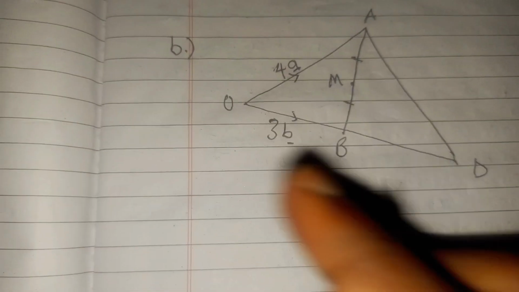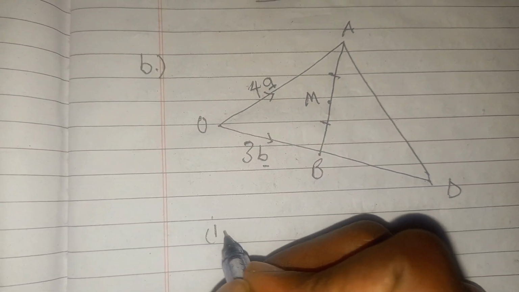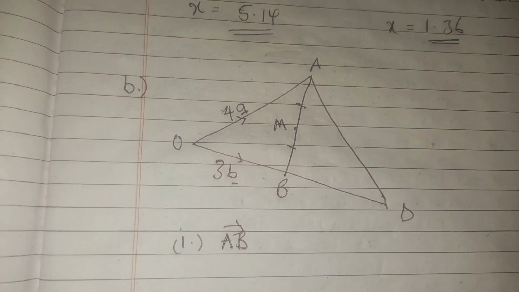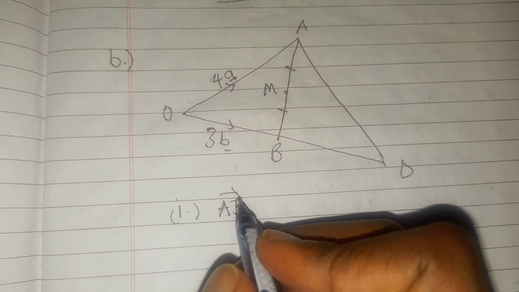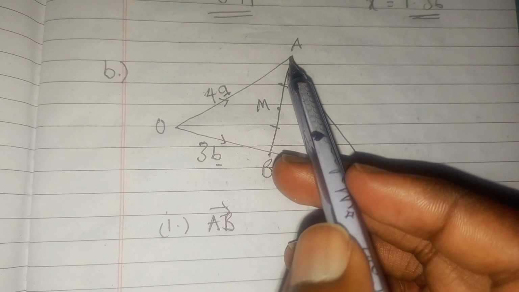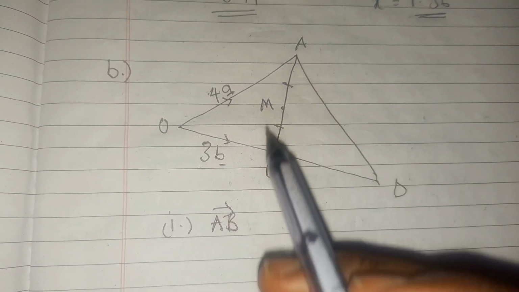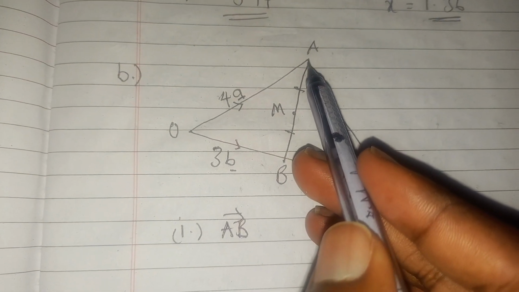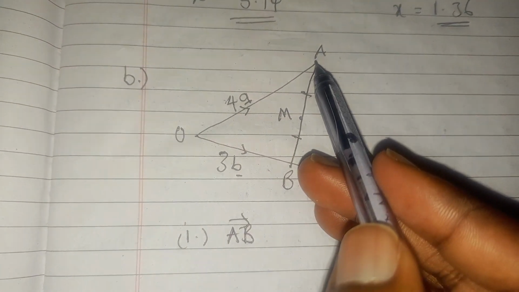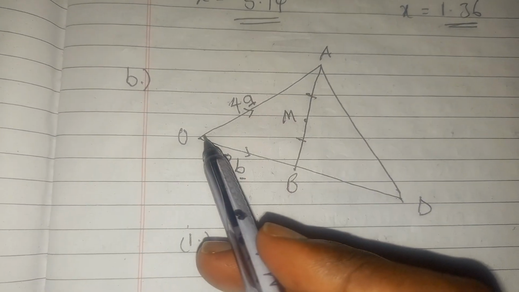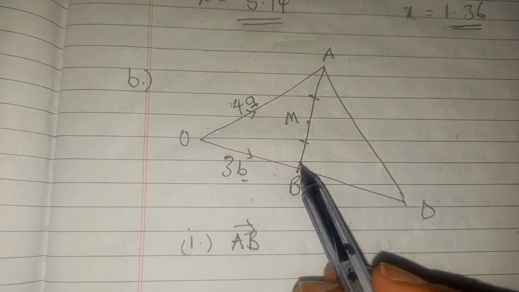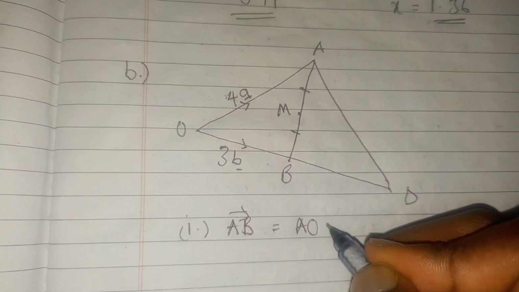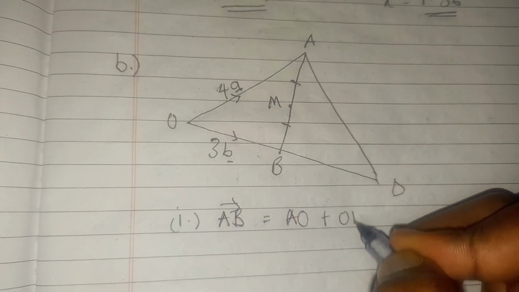So we're going to start with AB. So AB, we're going to make a route from A to B without using this straight line. So if we're going to make a route from A to B, then we can move from A to O and to B. So therefore we're saying AB is equal to AO plus OB.